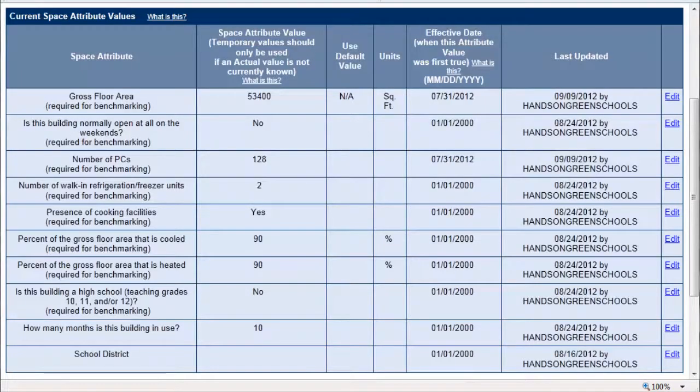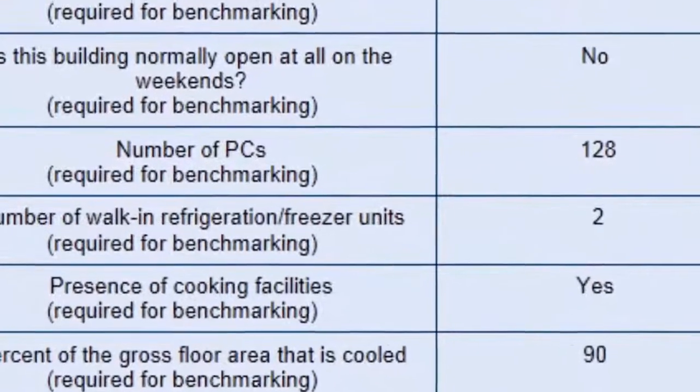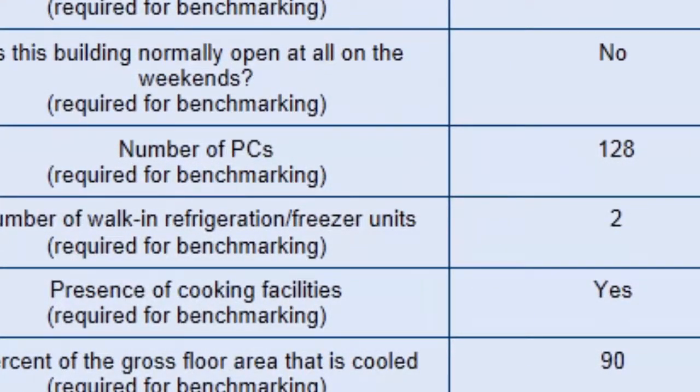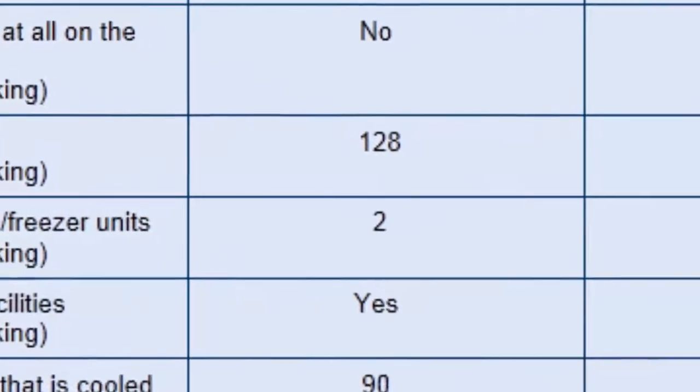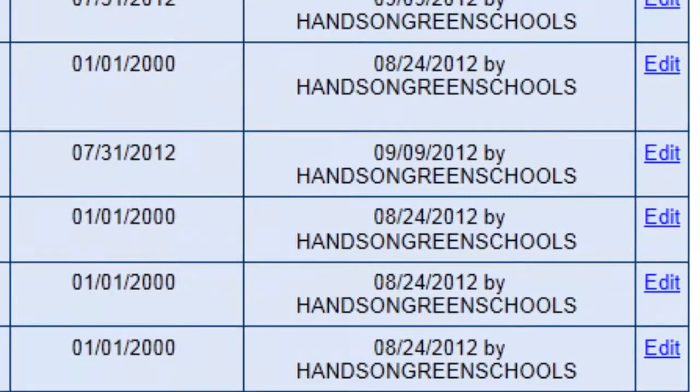Now just for fun, let's see what effect it would have on our score if the change that we made to our number of PCs we made the year before. Right now we changed it from 98 computers to 128, but our effective date was this past summer. But let's see what would happen if it was the summer before. So we find our PC attribute, we go over and click on edit.